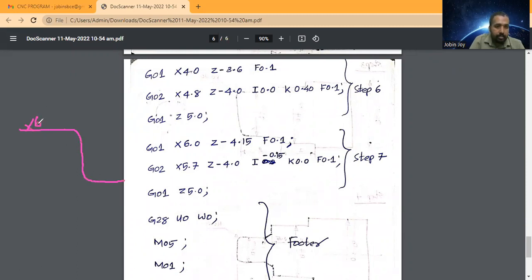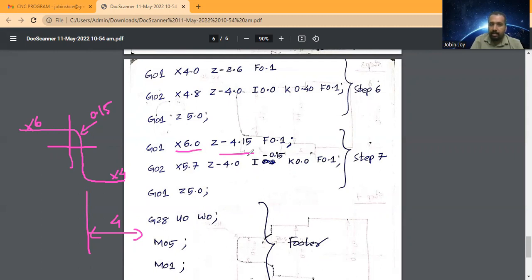So this is x6, this is x4, and this is 0.15. So I will position the tool at x6 and z. This distance is 4, that is given, plus this radius, that is 0.15. So that is z minus 4.15.